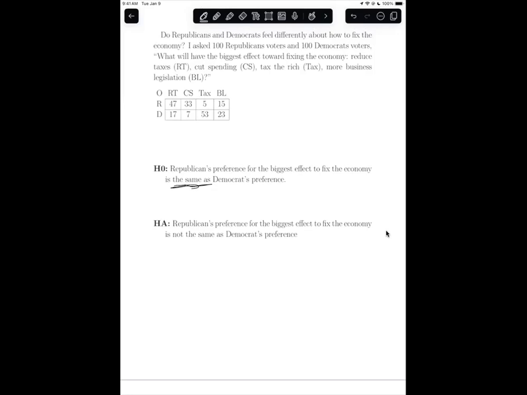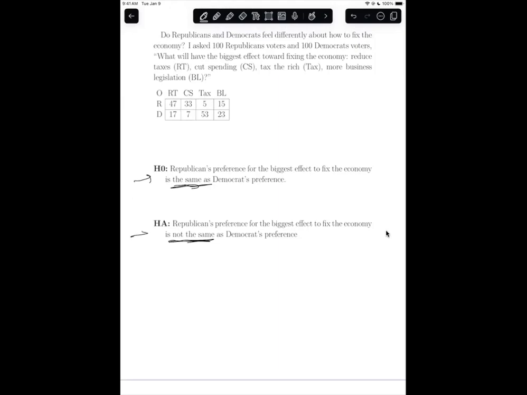And then for the alternative hypothesis, Republicans' preference for the biggest effect to fix the economy is not the same as Democrats' preference. And so really we have this notion of Republicans' preference or attitude or belief on the variable, how to fix the economy, is the same as Democrats'. That's the null.